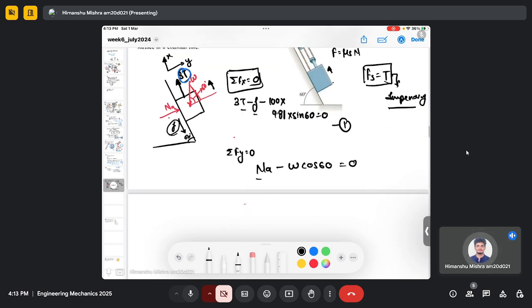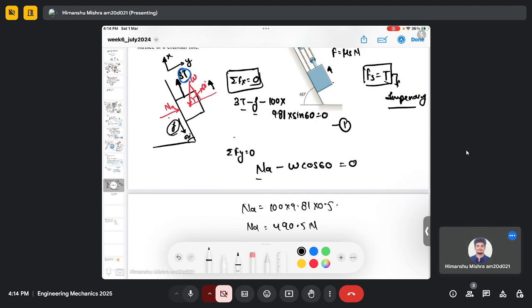So I can get NA from this equation, because I can write NA equals 100 multiplied by 9.81 cos 60, which is 0.5. So my NA will be 490.5 Newton.